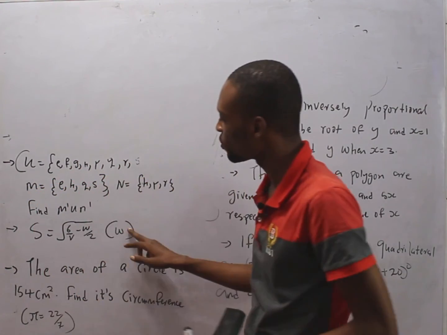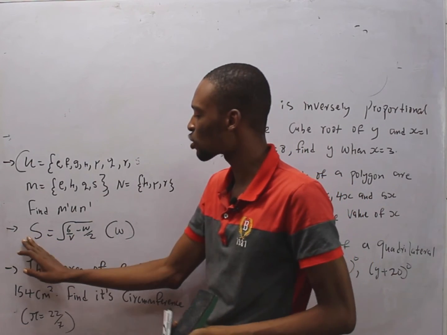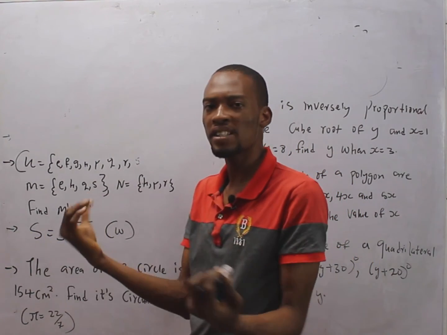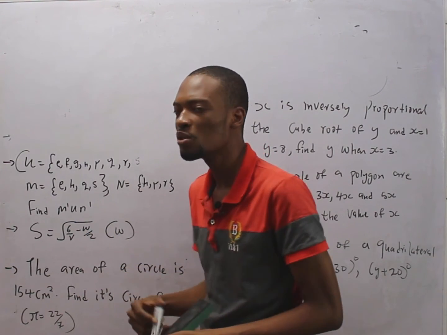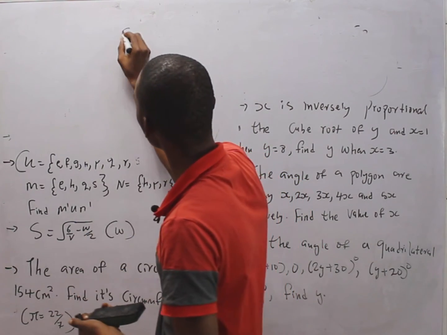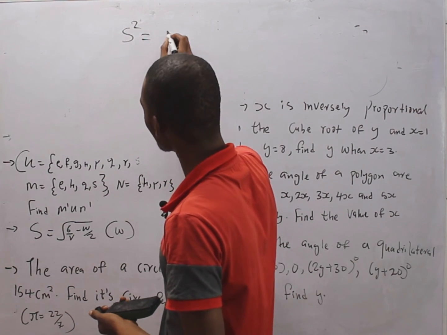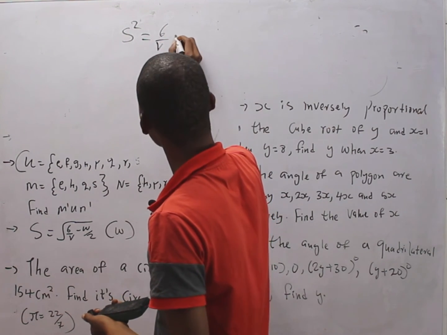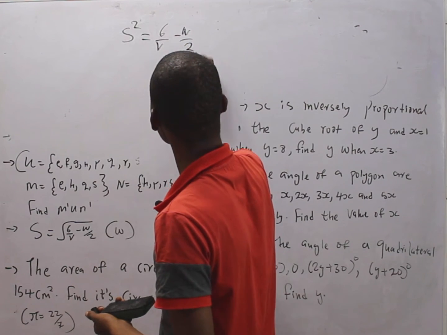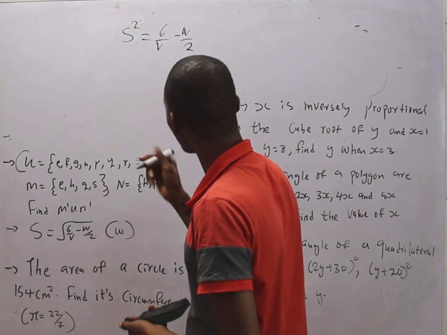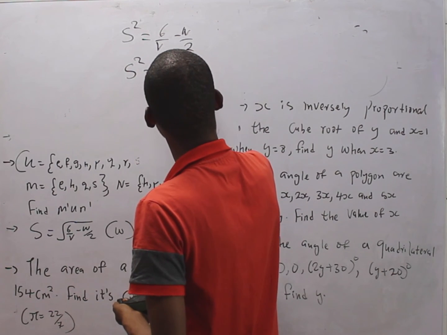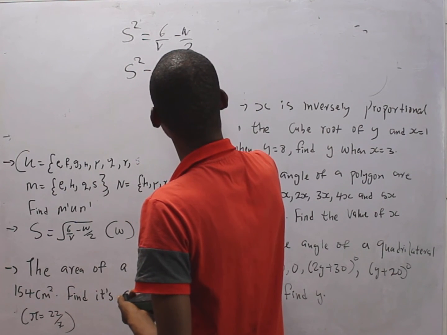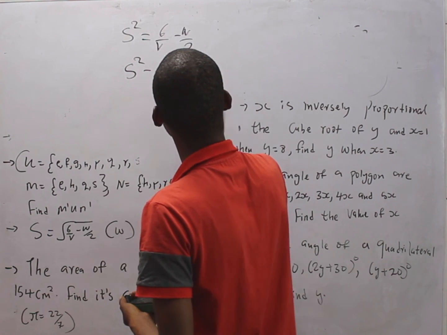And the next question is under change of subject formula. We are asked to make W the subject of the formula. S is already the subject. The first thing we do is remove this square root. To remove the square root, we square both sides. That means S squared is equal to 6 over V minus W over 2. Then S squared minus 6 over V is equal to minus W over 2.